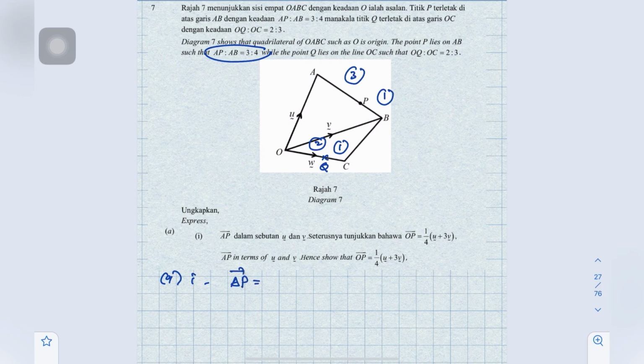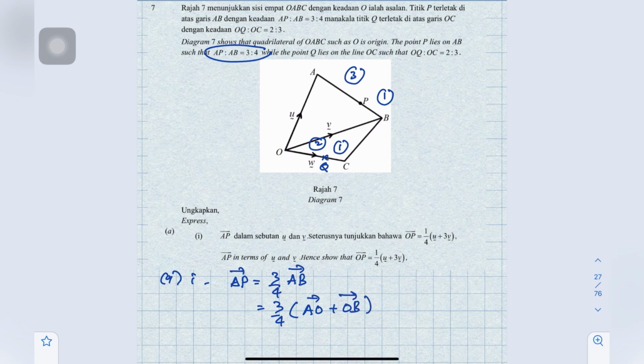Okay, so then (a)(i) AP. Okay, so you must write the triangle law. So AP from the diagram is 3/4 AB. But AB is AO plus OB.